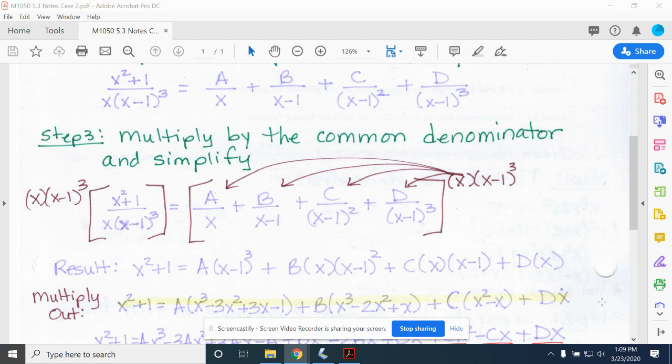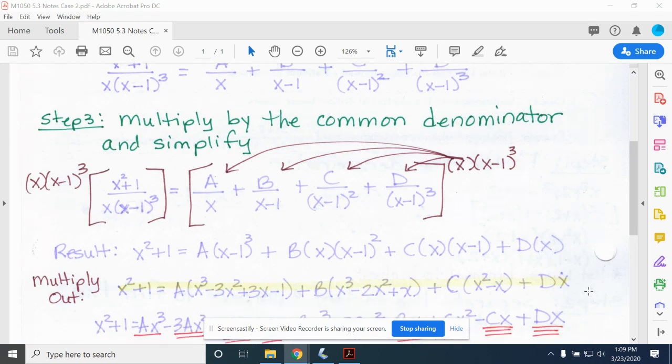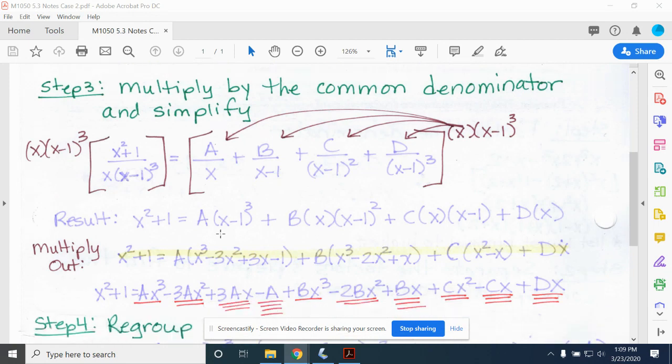Now, once we have done that, we're going to, again, just like in case 1, multiply everything out. So I did x minus 1 to the third. I multiplied x minus 1 times itself, got that quadratic, and then times it again by x minus 1, which gives me a cubic.